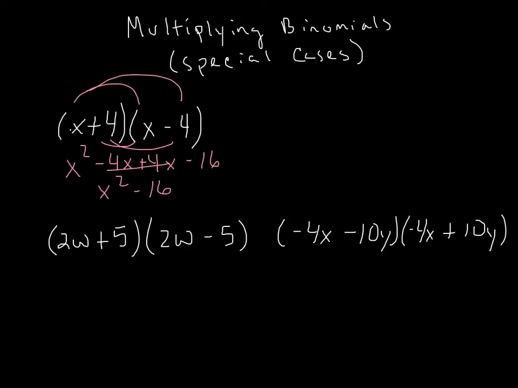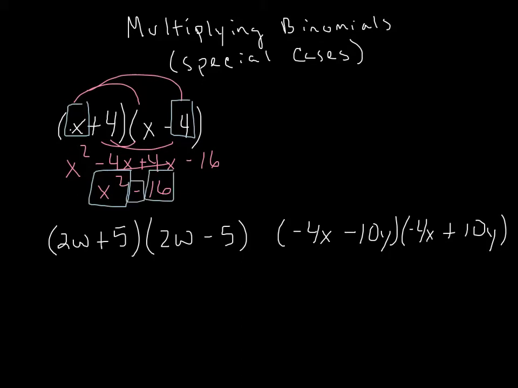Hopefully what you can see here is that the first term in your answer, the x squared, is just taking the first terms and multiplying them together, which basically is just saying square the first term. So instead of x, you now have x squared. And then you square the last term, or the second term in the parentheses. So 4 squared is 16, and then you just leave it as a minus every time.